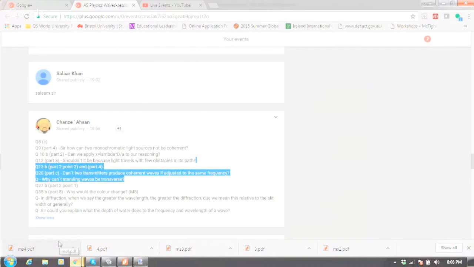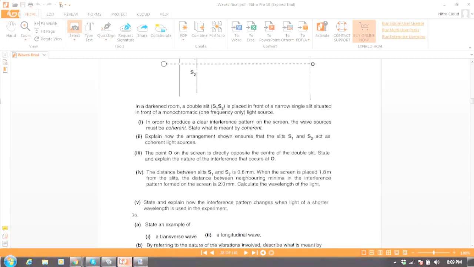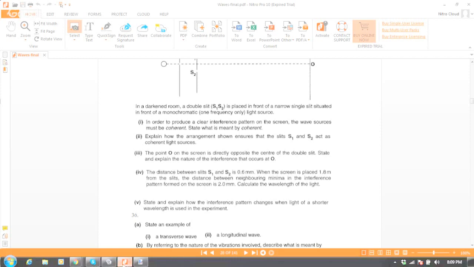So that was question number 35. Sorry, 27 part B, but we have done 35. Why would the color change? Question number 35, where is color written? Okay, state and explain how the interference pattern would change. So obviously the wavelength you changed. I don't understand, where does part 5 of 35 B say color?